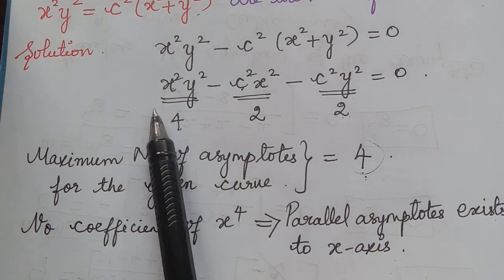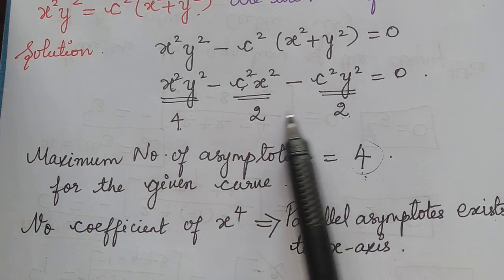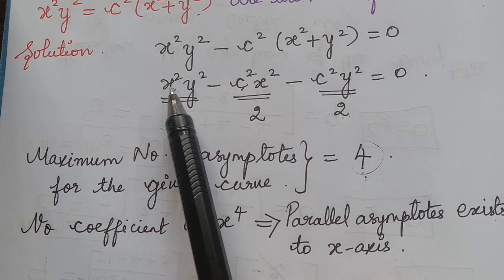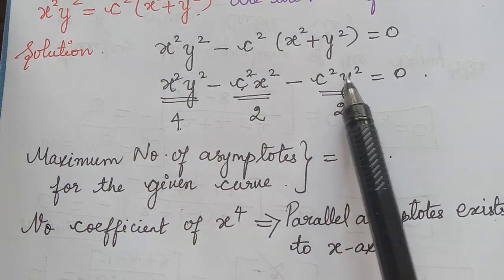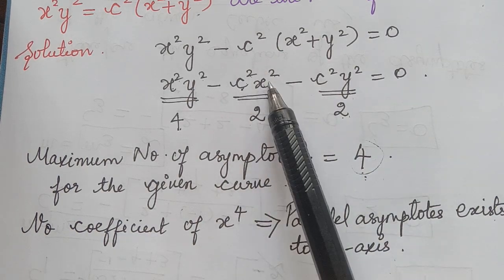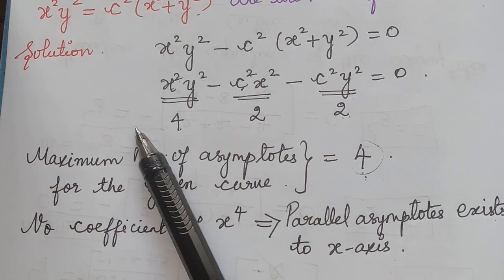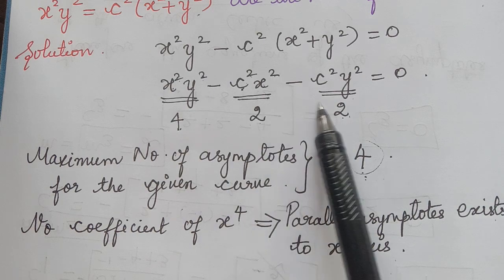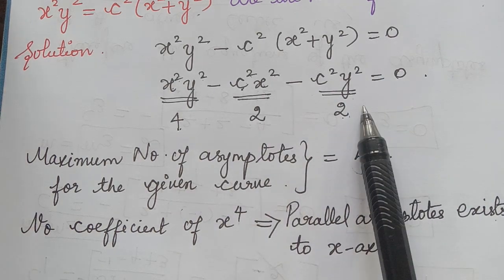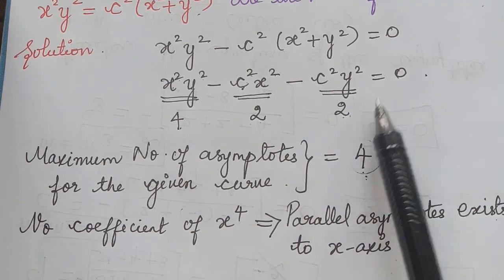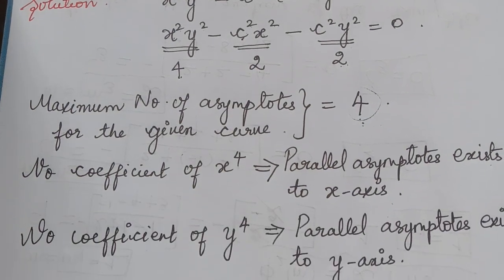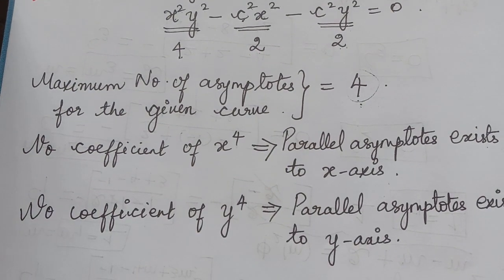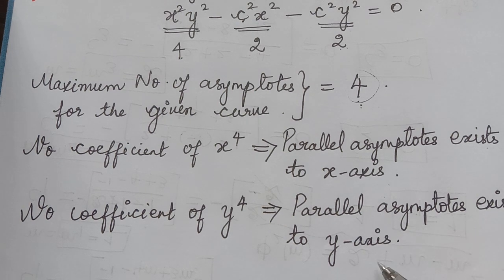Do we have a coefficient for y power 4? No, because here the highest power of y is 2 only. And here also the highest power of y is 2 and here we do not have a y term. So therefore we do not have a coefficient for y power 4. It implies that parallel asymptotes exist for y-axis. So now we have found the existence of parallel asymptotes for x-axis and y-axis.